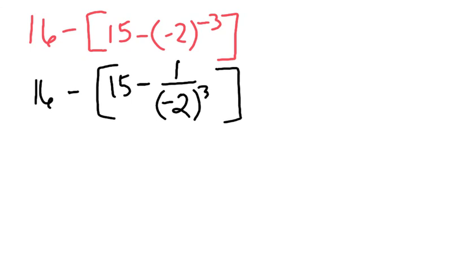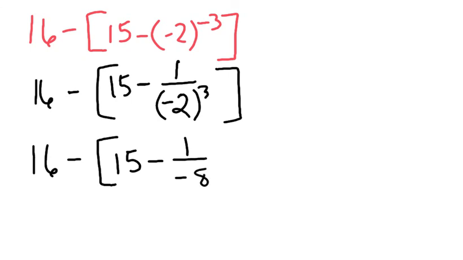Okay, now what? Go ahead and do -2 to the 3rd power. That's -2 times -2 times -2, so that's -8. So 16 minus 15 minus 1 over -8. Okay, now my brain is going minus a negative is plus a positive, so I'm going to go ahead and change that so I don't have to deal with it.